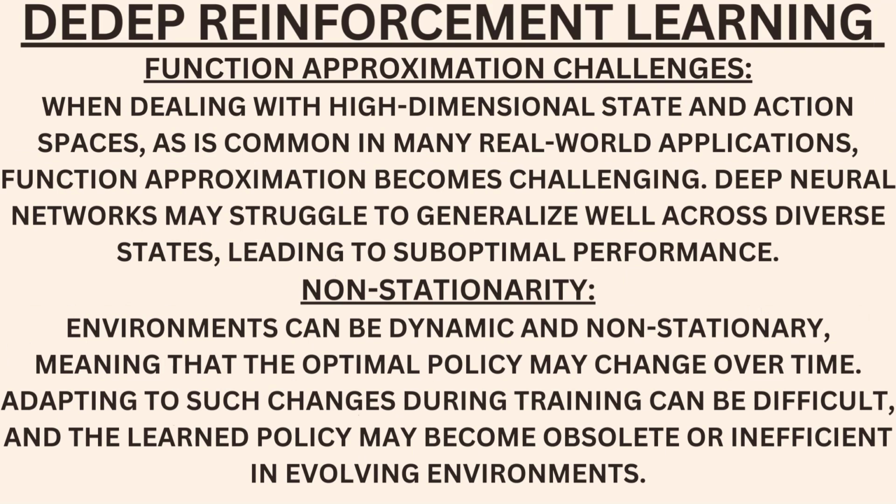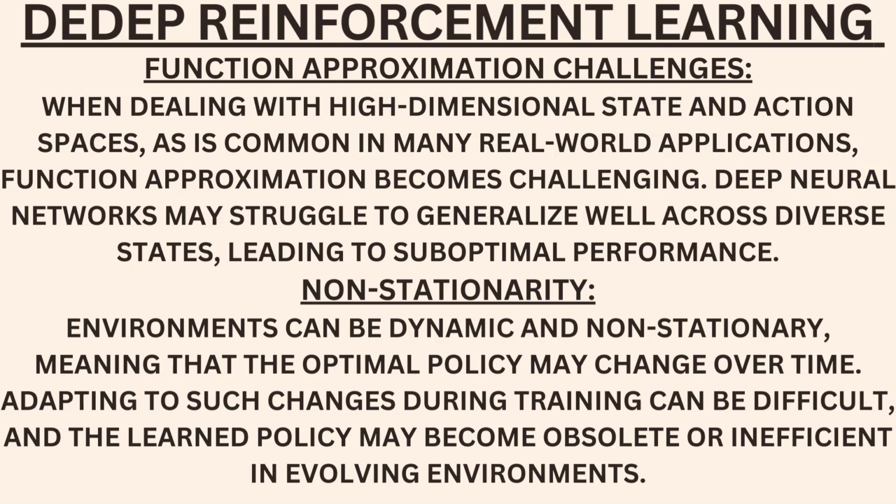Function approximation challenges. When dealing with high-dimensional state and action spaces, as is common in many real-world applications, function approximation becomes challenging. Deep neural networks may struggle to generalize well across diverse states, leading to suboptimal performance.